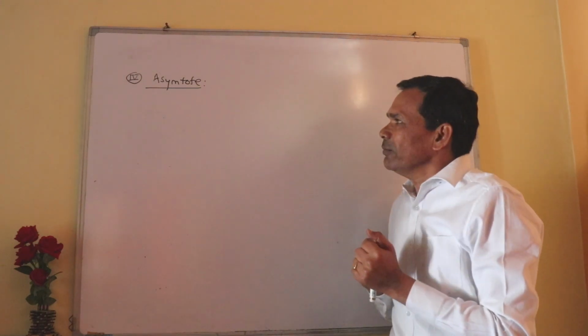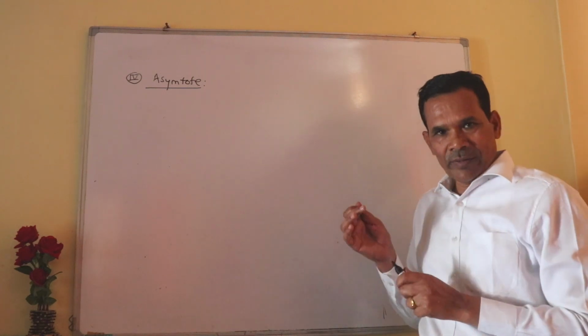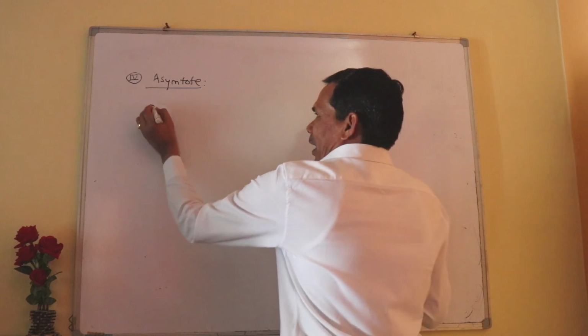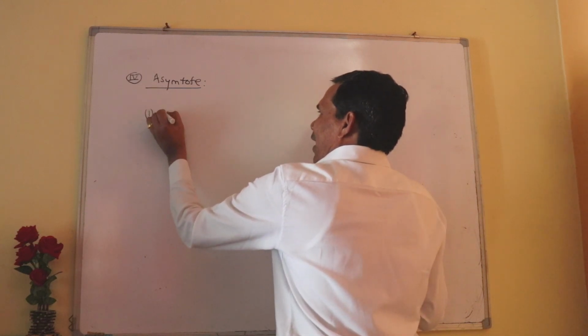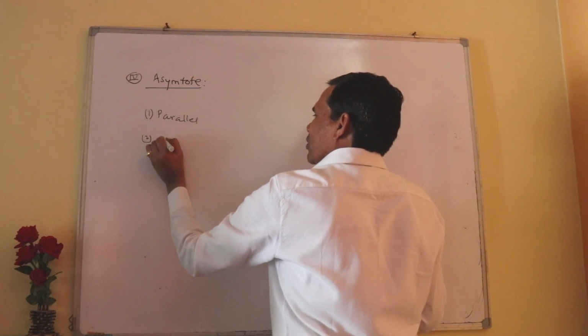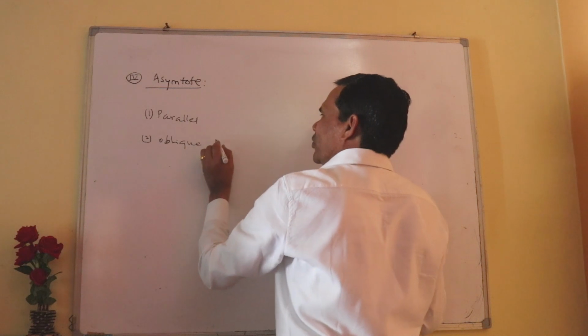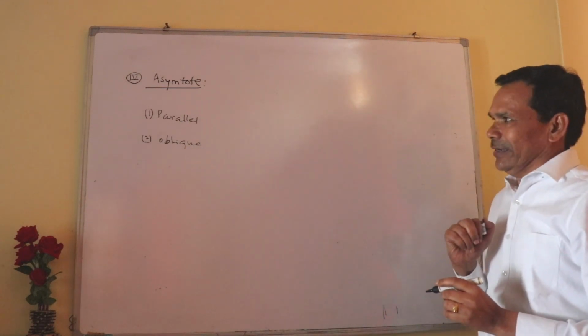There are two types of asymptote: parallel asymptote and oblique asymptote. An asymptote is a straight line which meets the curve at an infinite distance.